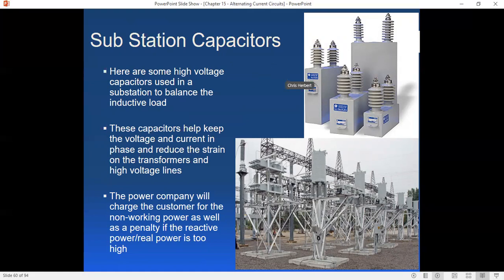We'll talk a little bit more about impedance and all those other things later on. But when we calculated impedance, we saw that the impedance had the inductive reactance and the capacitive reactance as being a difference. And for this particular case, they have to add capacitors so that the phase angles don't get too far out of whack.